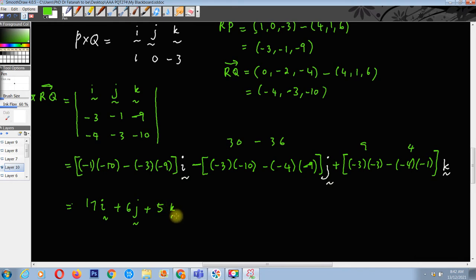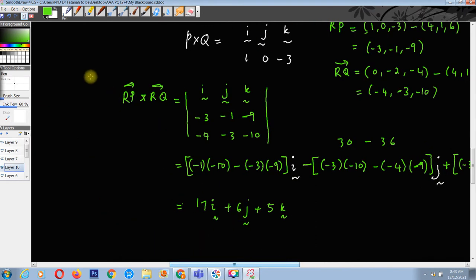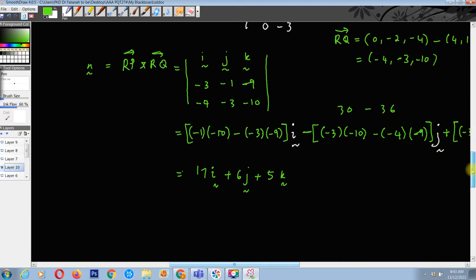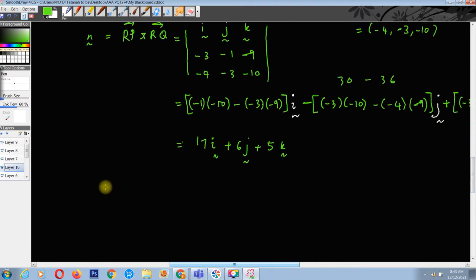Okay, so we know that this is a normal for the plane. So now we go to the equation of plane. We have a normal, we have a point, so just put in the formula.